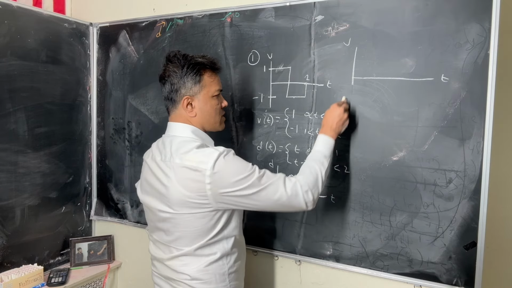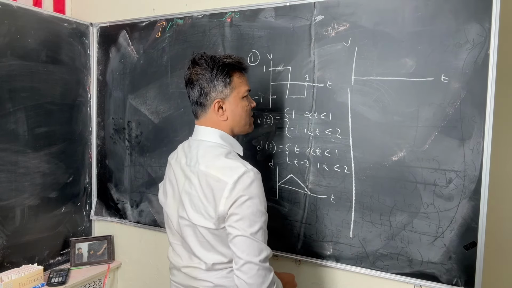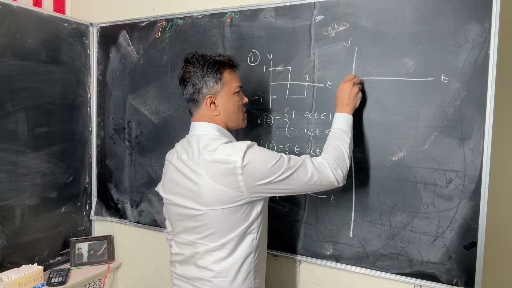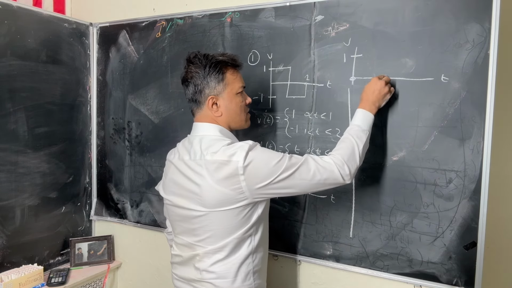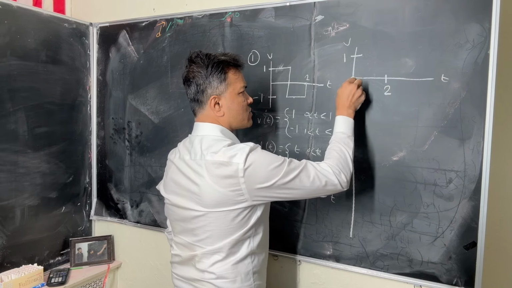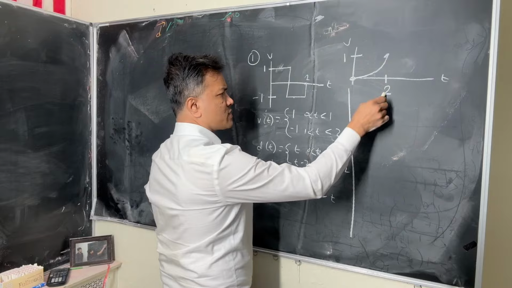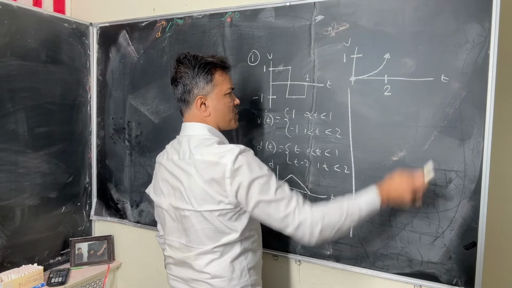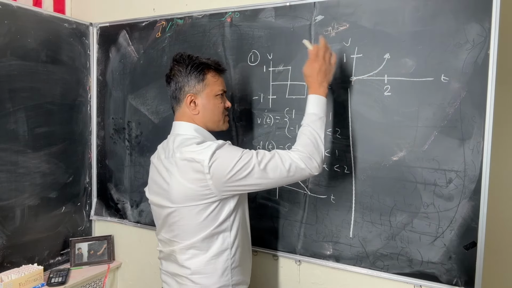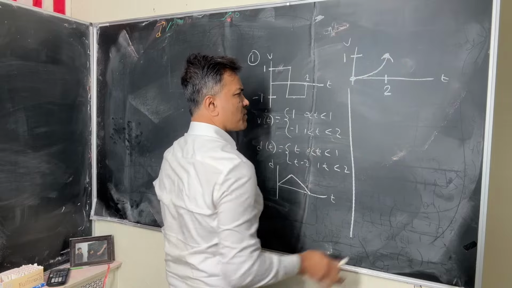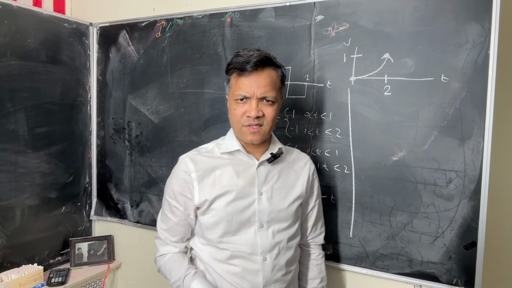Now the second one is a little bit interesting because the velocity, this is 1, let's say this is 2. At 2 seconds the speed is 1 meter per second, and it increases because it's quadratic. So velocity being quadratic is interesting.